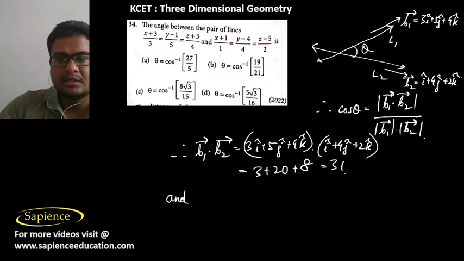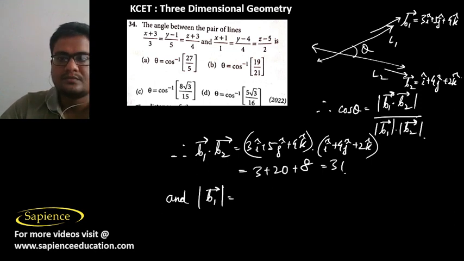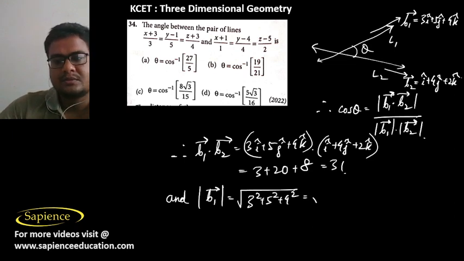The magnitude of b1 vector is root over 3 square plus 5 square plus 4 square, which is square root of 9 plus 25 plus 16, that is root over 50.